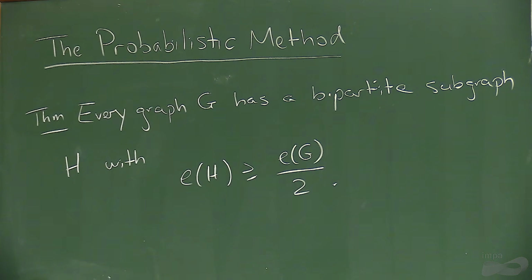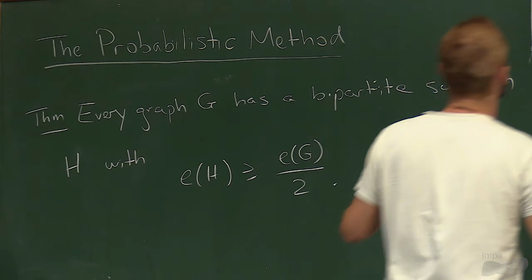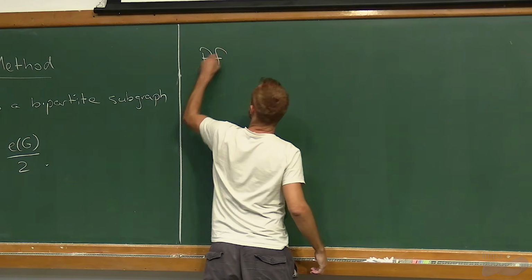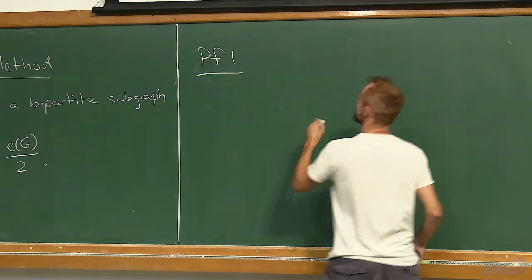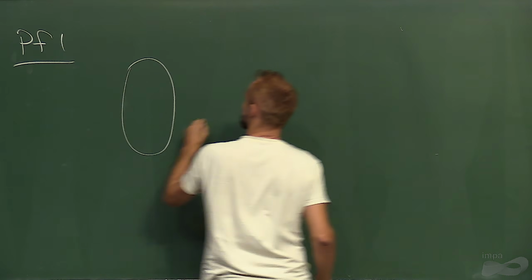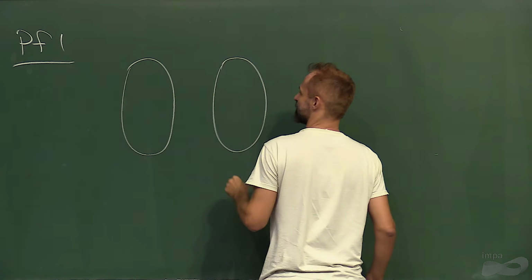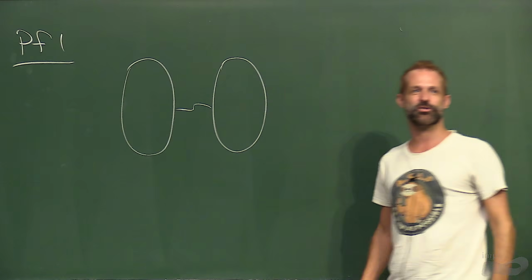You can start with two sets of vertices. And you check if moving a vertex from one side to the other. Exactly. Okay, proof number one, which is not random, is you just do a sort of greedy improvement process. So you take some partition, and you're getting all the edges in between the two.